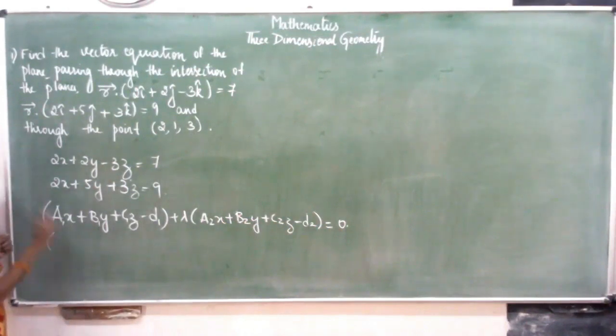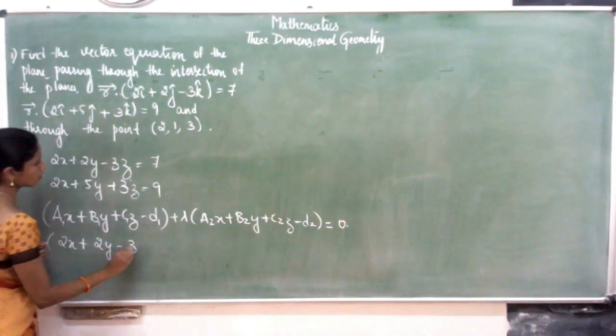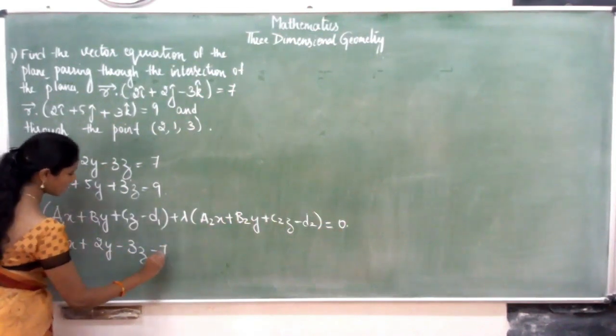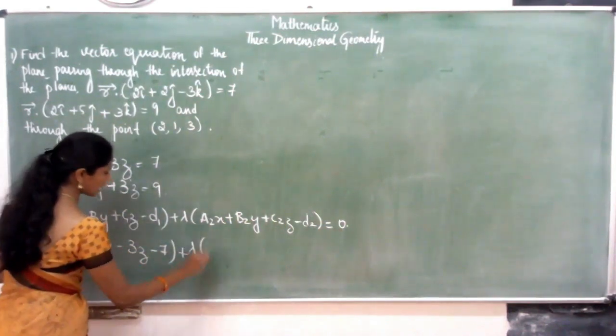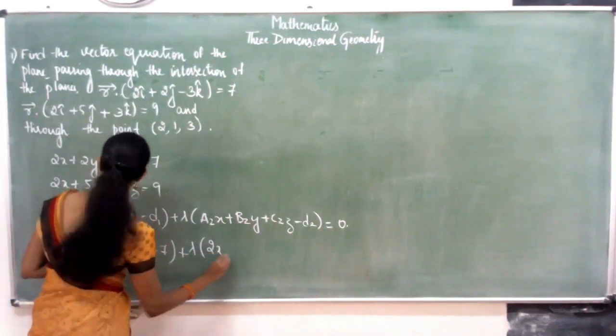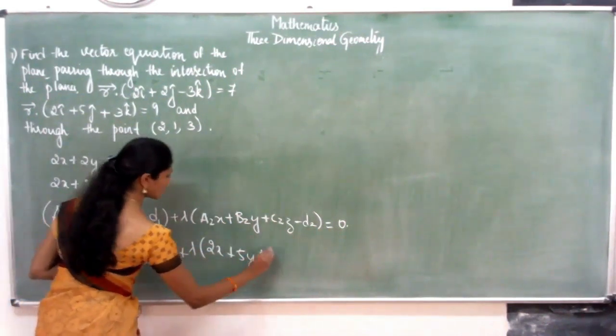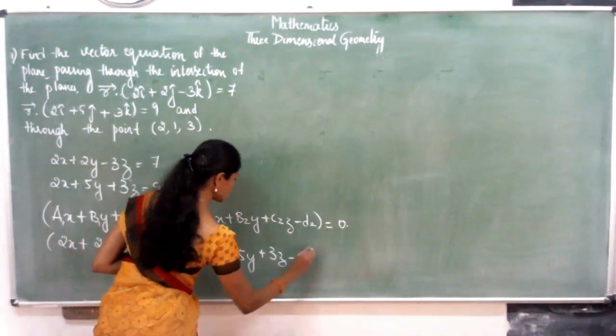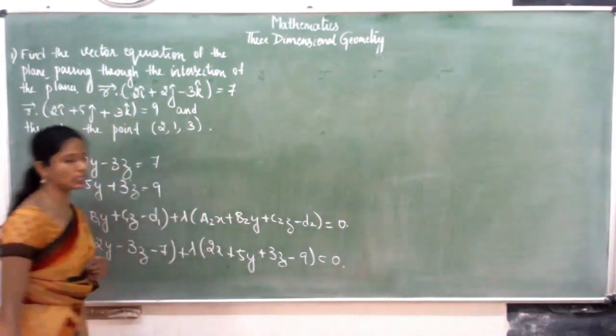So now this will be 2x plus 2y minus 3z minus 7 plus lambda times 2x plus 5y plus 3z minus 9 is equal to 0.